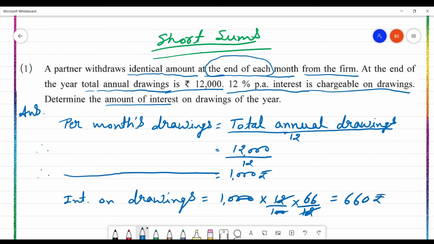The interest on drawings will be 660 rupees. You can also calculate this amount from your calculator. You can use your calculator also.